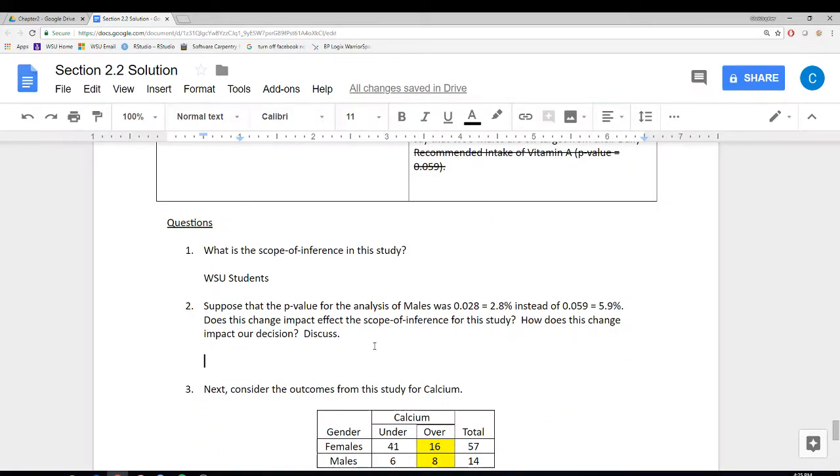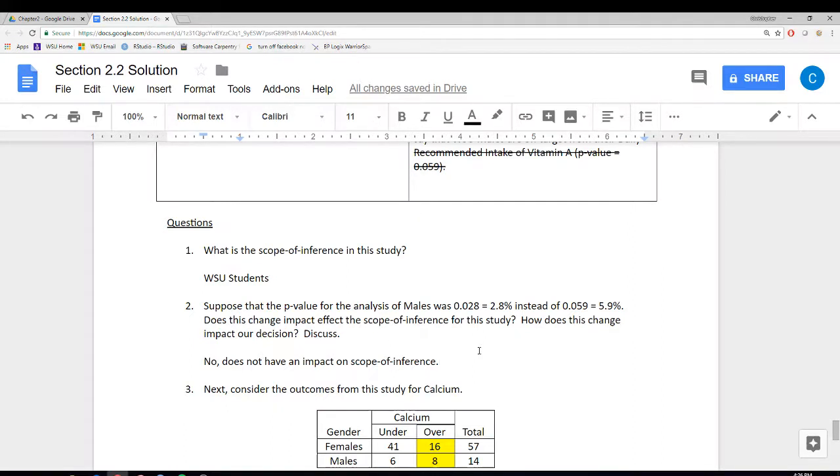How about the following question? Suppose that the p-value for the males was 2.8% instead of 5.9%. Does this change impact the scope of inference for the study? So no, it does not have an impact on scope of inference. Our decision is different from our scope of inference. Scope of inference is whom we are trying to talk about. The scope of inference is not influenced by what the study outcome actually arrives at.